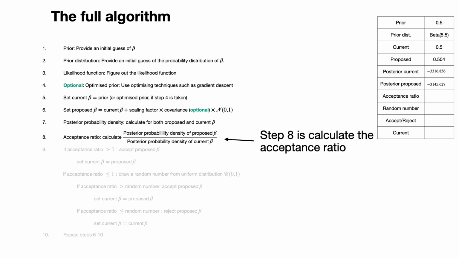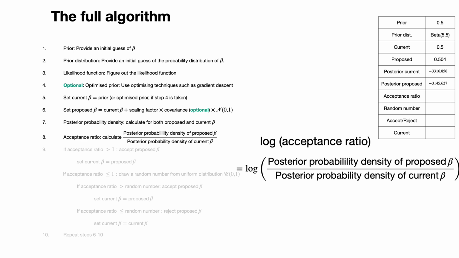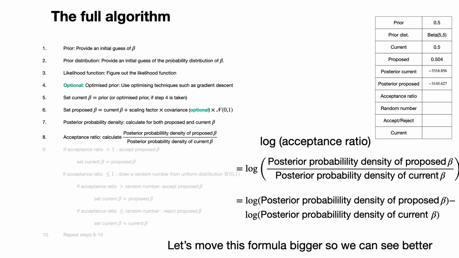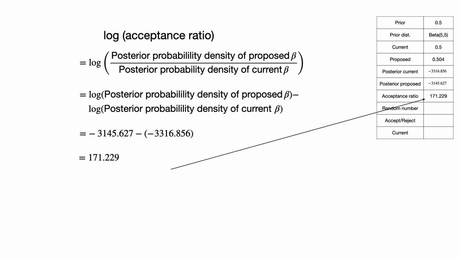The next step is to calculate the acceptance ratio. We do this by taking the ratio of the probability density of proposed beta over current beta. Since we use log scale, let's transform this formula. We will plug in the values and we get 171 as the log acceptance ratio.